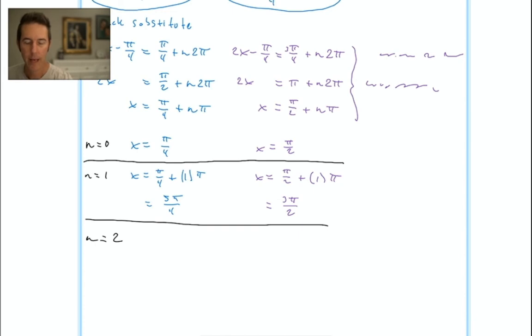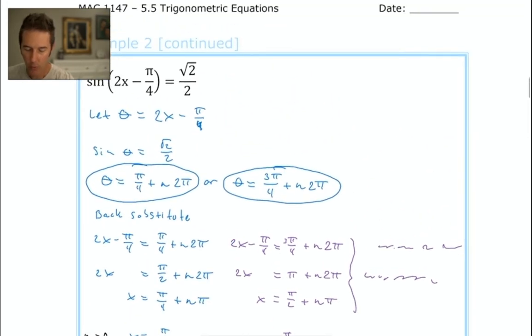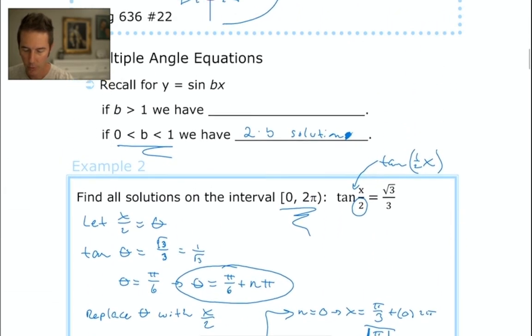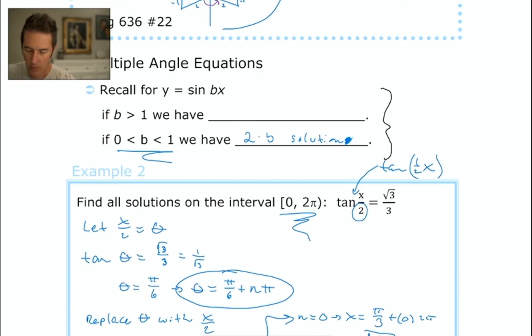Another way that you can know that you can stop with those first 4 solutions is when you really come to terms with this. And what this tells us is that we're going to have 2 times b solutions here also. So when b was between 0 and 1, for example 1/2, I took the 2 solutions that I might have had, I cut it in half, I only had 1 solution.